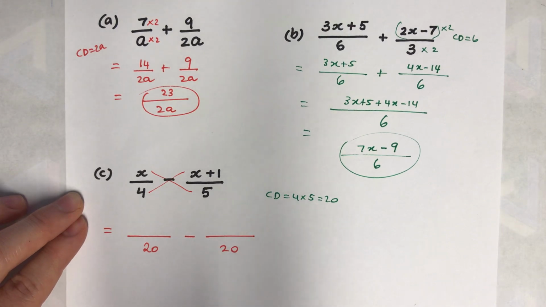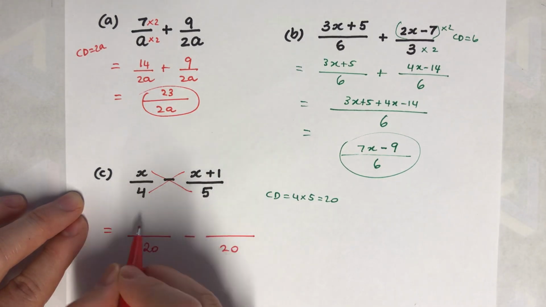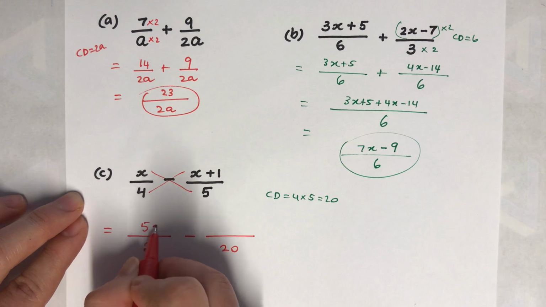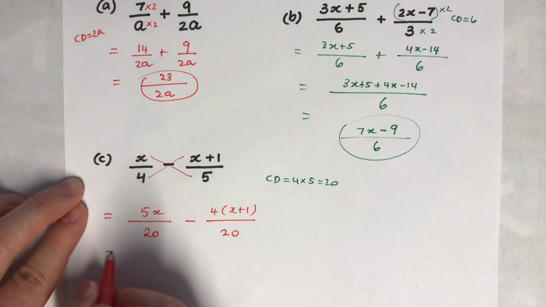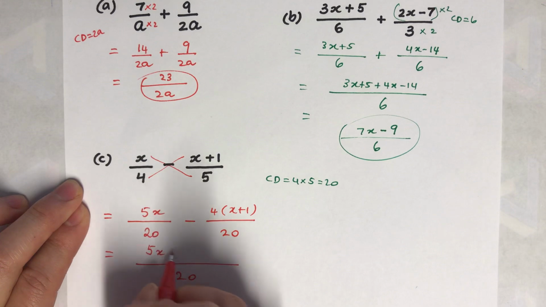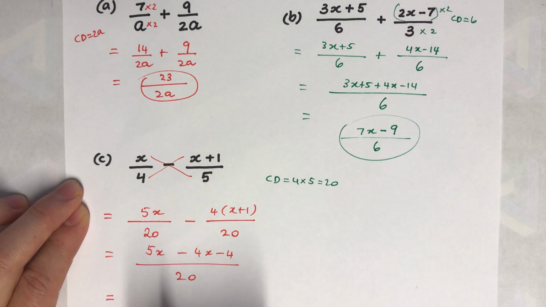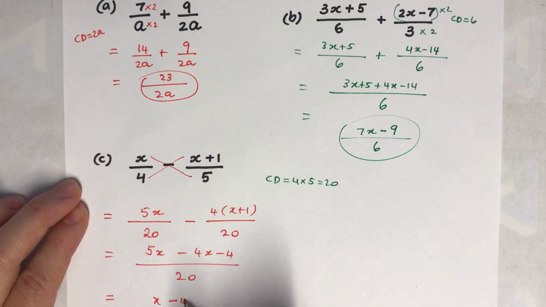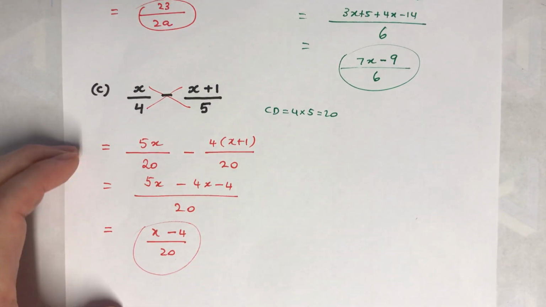It doesn't apply to multiplying and dividing. Just remember that. If I cross multiply, it'll be 5x. I'm going to go a little bit slow. Now I can make it into one whole fraction: 5x minus 4x. Be careful, it'll be minus 4. And what do I get? It'll be x minus 4 over 20. And please, please, please do not cancel this. Just leave it like that.